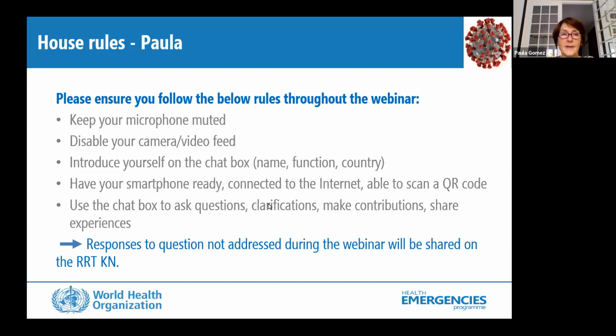Again, the activities we will be having during the webinar will require all of us to use an application called Slido. You can very easily access it by scanning a QR code that we will present to you, or typing a link. But for that, you also need to use your smartphone.